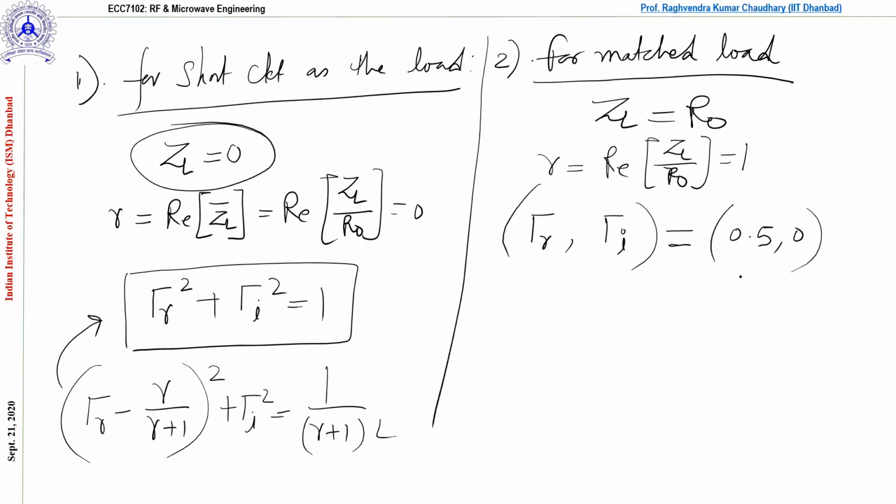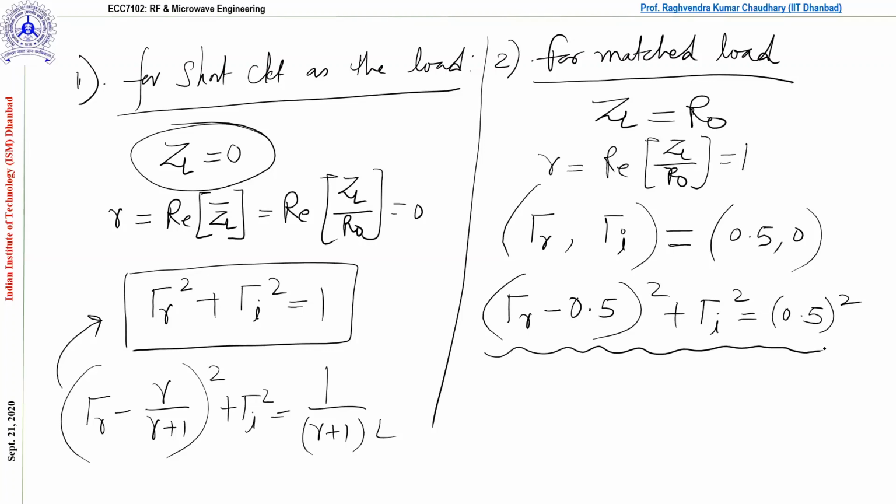And the radius will be 0.5. So the final equation will be (gamma r minus 0.5) whole square plus gamma I square is equal to 0.5 whole square. Now if you imagine these things, you can say this circle is going to pass through the center of the Smith chart.